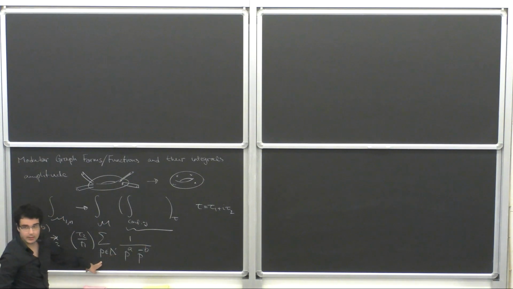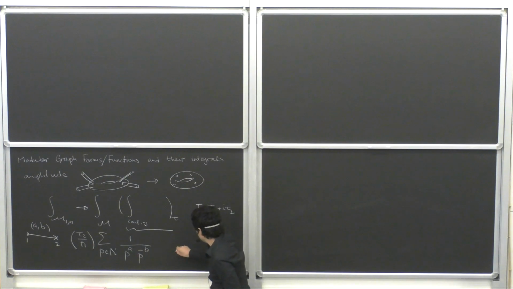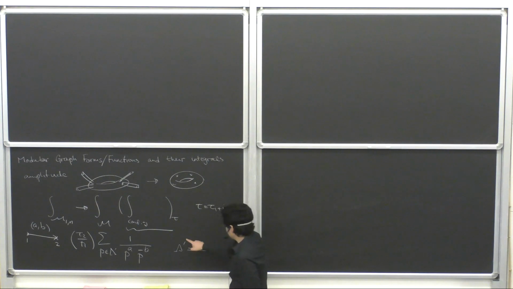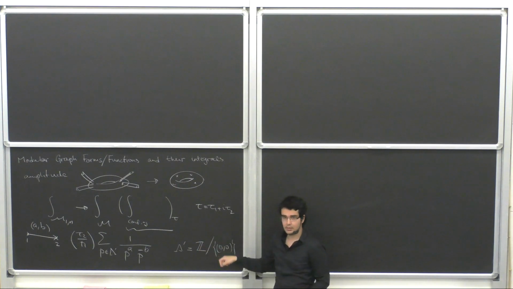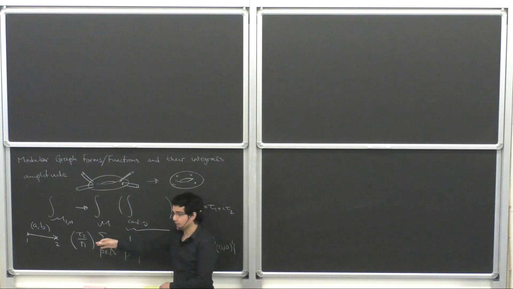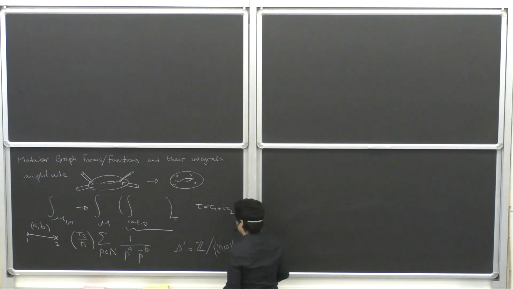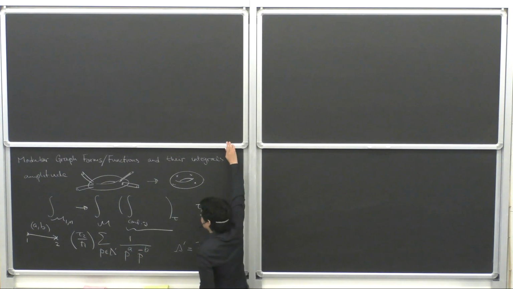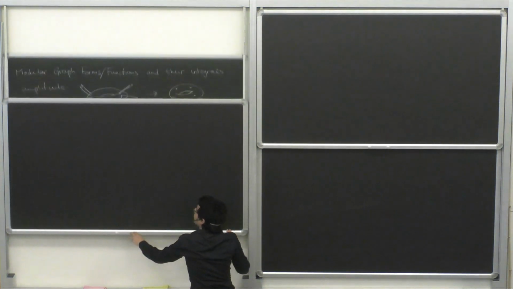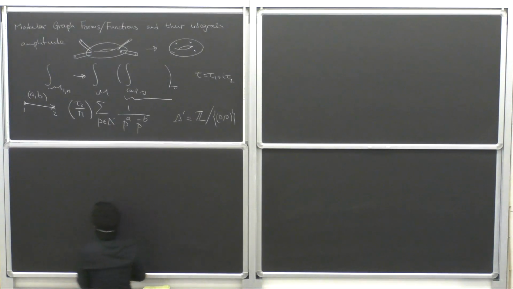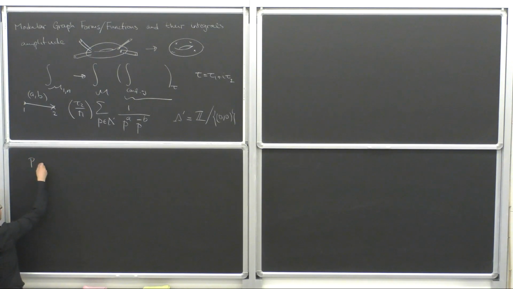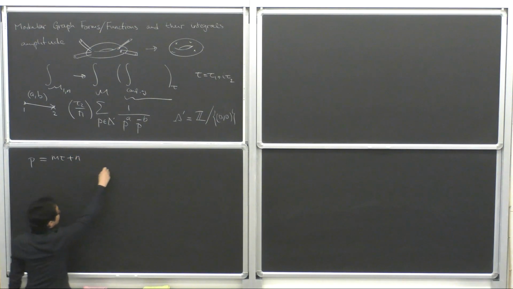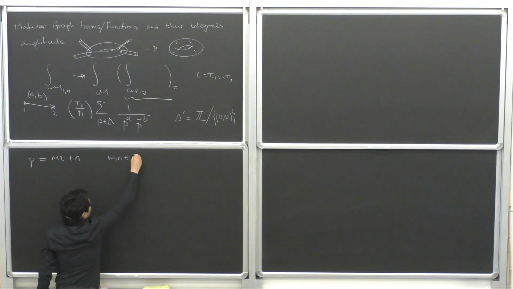This lambda here is a lattice, and this prime means exclude 0 and 0 from this lattice. So this is actually a lattice sum. Most of the time, we write it as m tau plus n, where m and n are integers.